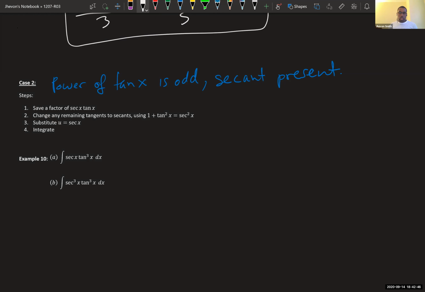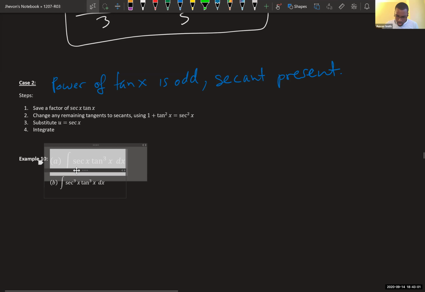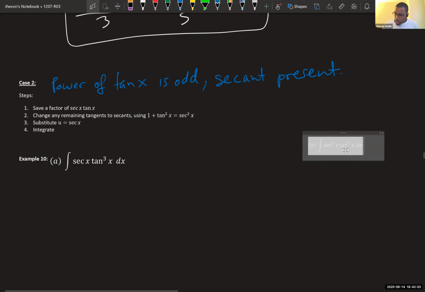In this scenario, you save a factor of secant tangent, right? Which is why you need the secant to be present. And then you're going to change all tangents to secants using the 1 plus tan squared equals secant squared.